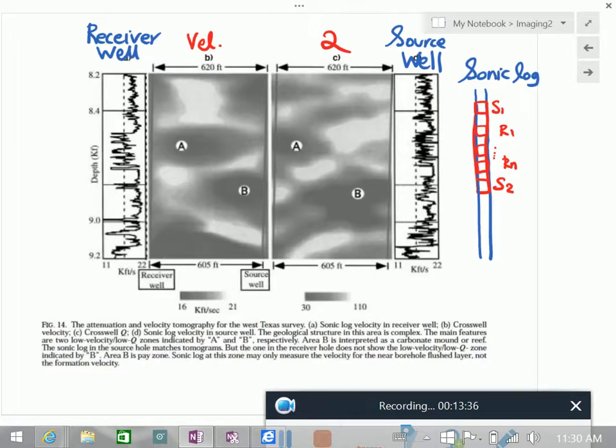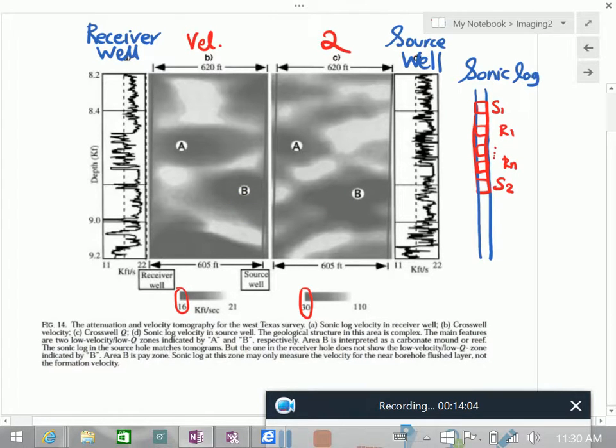Look at the velocity and attenuation tomographs. In particular, let's look at points A and B. In both, we see that the darker colors mean lower velocity or lower Q. In both areas, velocity and Q are low.